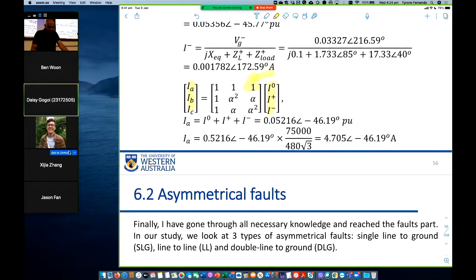And then once you have this per unit value, you want to convert it to the actual value, you can multiply by the base value, and you can obtain the actual value.